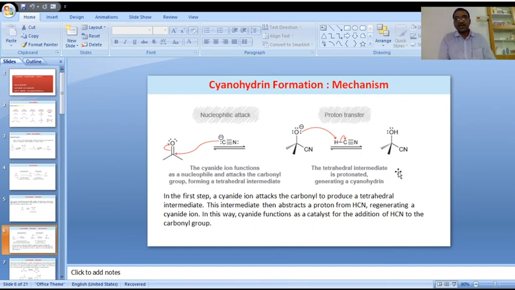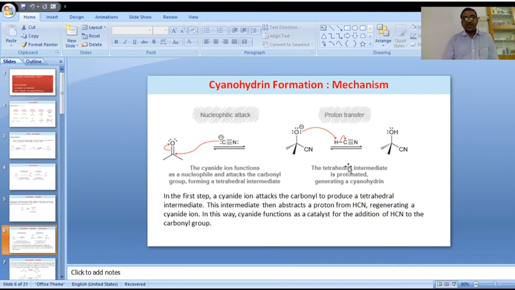The tetrahedral intermediate is protonated by HCN, generating a cyanohydrin. And in this step, the regenerated cyanide ion is also involved in this reaction.